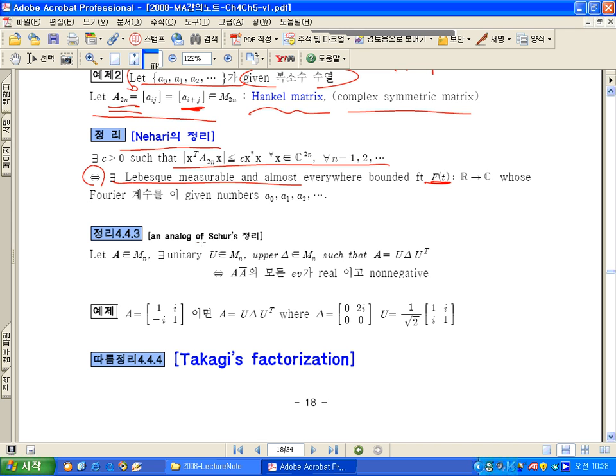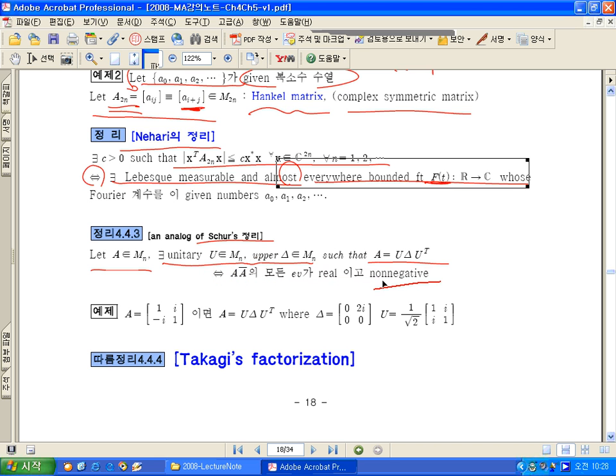And also there is an analog of Schur's theorem: if A is in Mn, then there exists a unitary matrix U and an upper triangular matrix delta such that A is equal to U delta U transpose if and only if A conjugate A has all eigenvalues that are real and non-negative.